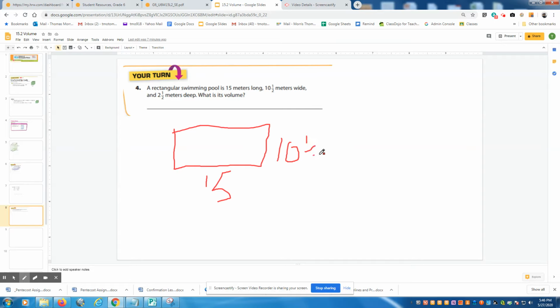Now this is a little bit tougher to show, because I can't really show depth right now because of the way that I set it up. So what I could do is go this way with it, but now it's not really a swimming pool. It's kind of standing up, but you get the idea. That's where my depth is coming from right now. And then we just rotate my pool down. So 2.5 is here.